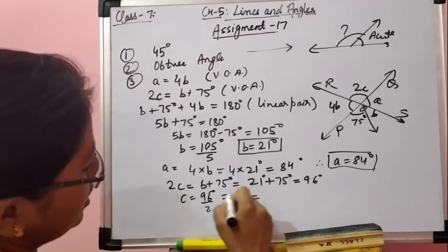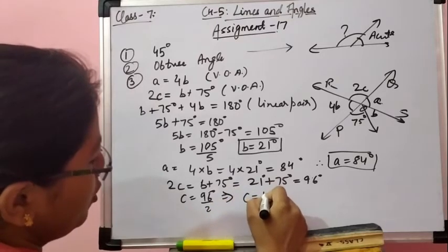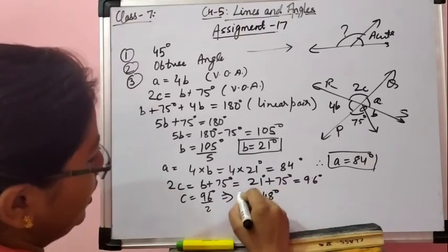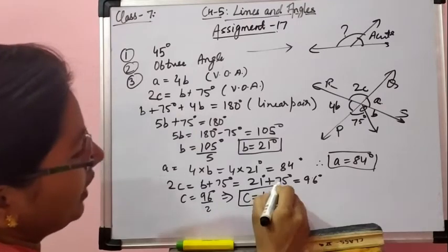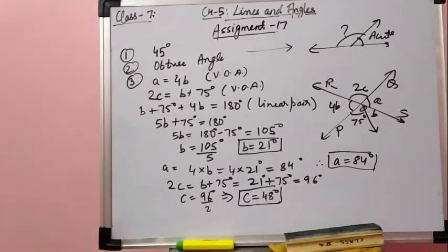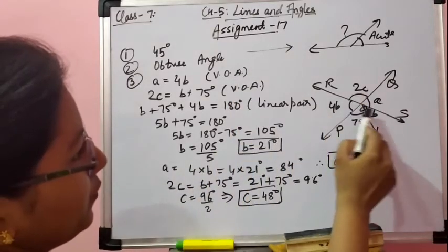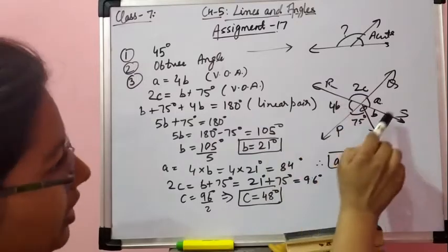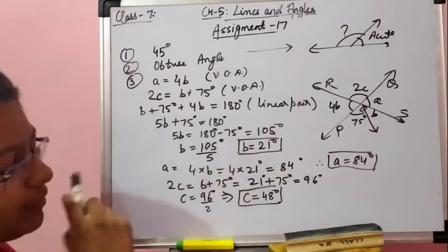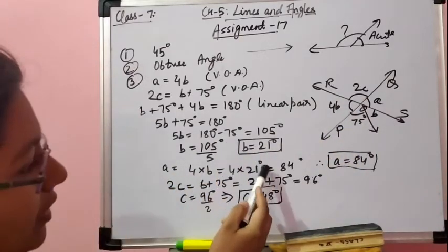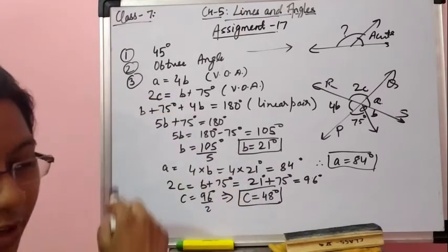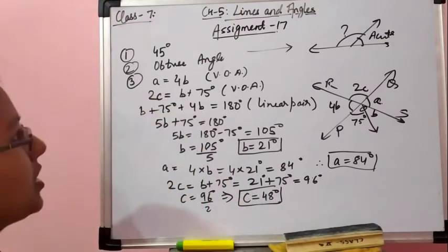So C is equal to 48 degree. So in this way we have found out the value of A, B and C. What are the different properties we have used? Vertically opposite angle, then linear pair. With the help of linear pair only we can find out angle B, and with the help of angle B only we can find out A and C.